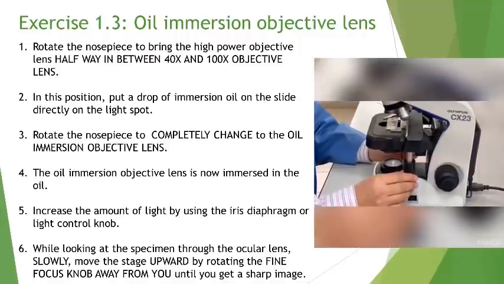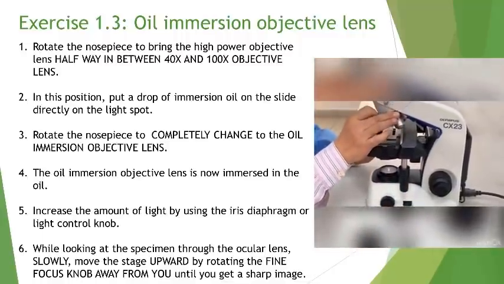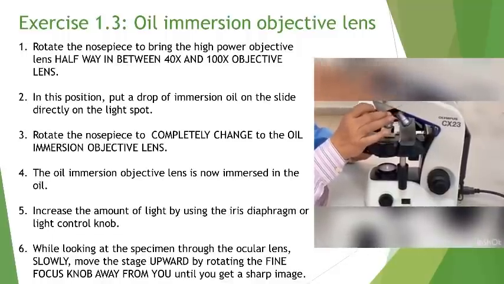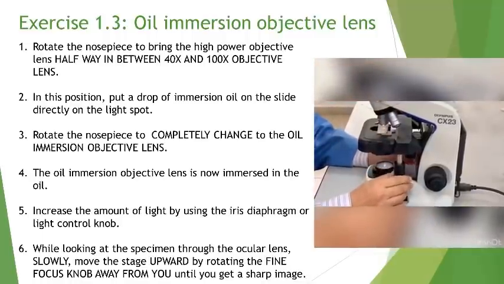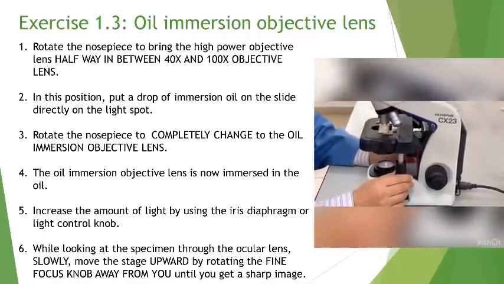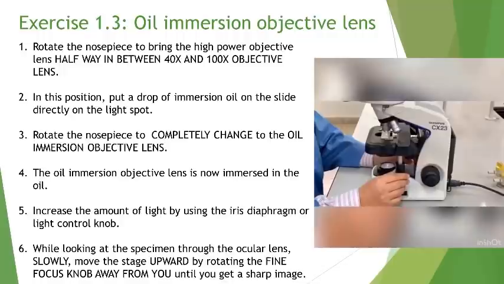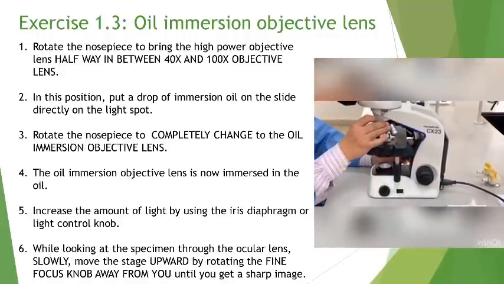When you are satisfied, you can then increase the power of the objective lens by rotating to the 10 times objective lens, and again you position the image right at the center. If you do it correctly, you don't have to do much on the next magnification.